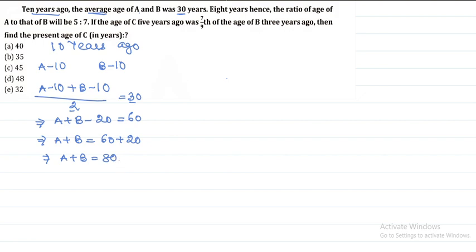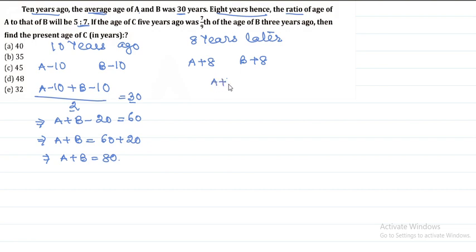Right? Now coming to the second part, that says that 8 years hence, that is 8 years later, the ratio of the ages of A and B was 5:7. So we have 8 years later, their ages were A plus 8 and B plus 8, right?